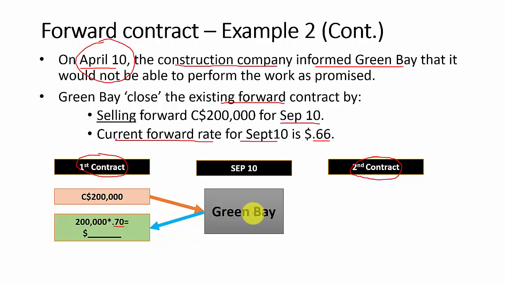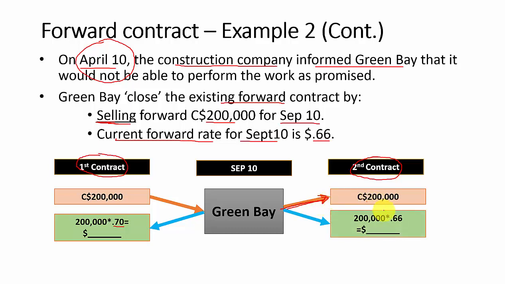Now, for the second contract, it wants to get rid of the 200,000 Canadian dollars, and that is why it sells 200,000. So this causes a cash outflow of 200,000 Canadian dollars. How much does it get? Because it sells 200,000 Canadian dollars, it definitely gets some US dollars back.